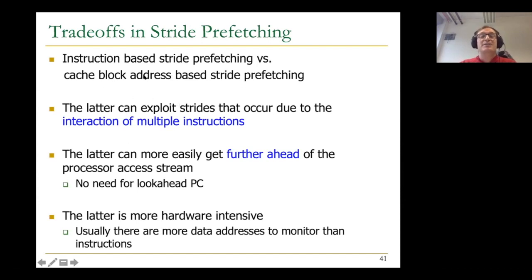You may look at cache block-based prefetching and not find any good stride, whereas if you just look at the instruction, you may find a good stride. That's also possible. It really depends on the access patterns in the end. But the latter is more hardware intensive, mainly because there are usually more data blocks to monitor than instructions, because systems are much more data intensive compared to instruction intensive today.